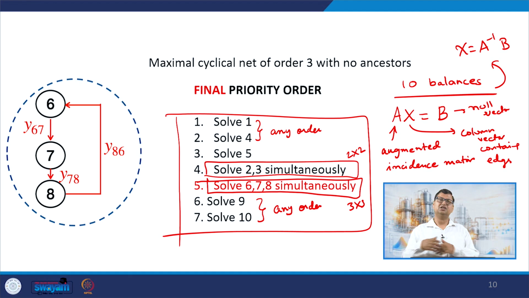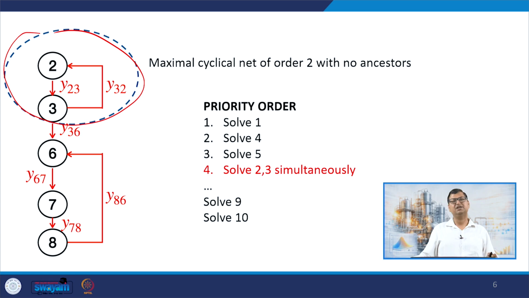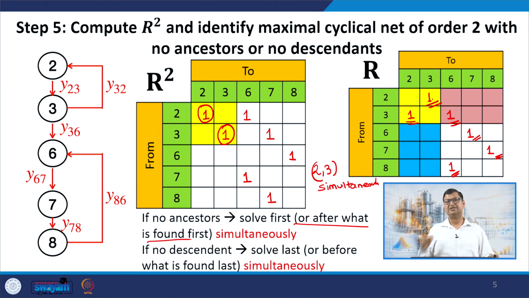Let's say you have thousands of units in the flow sheet, and you are feeding it into the computer. You don't have an intuitive way of seeing it, as I had that possibility here because I can see the graph and I can analyze it. But for a 1000 unit flow sheet, the graph will be highly messy, and therefore it will be very, very difficult to figure out where the cyclical nets are and so on, and to come up with a solution scheme even for the overall mass balance, right.